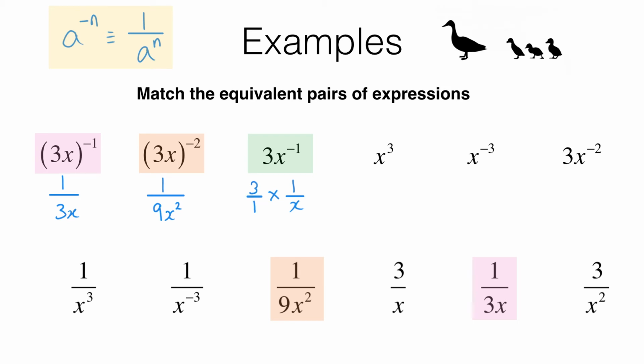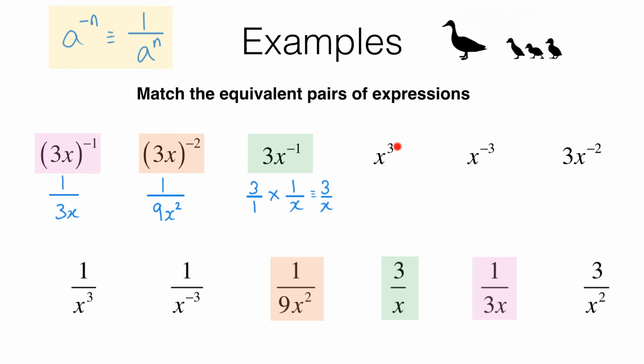And multiplying fractions is easy, remember. We just multiply the numerators, and that gives us 3. Multiply the denominators, that gives us 1x, which is just x. So we have 3 over x, which is this one right here.